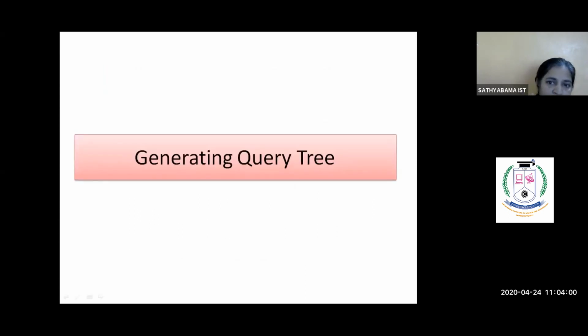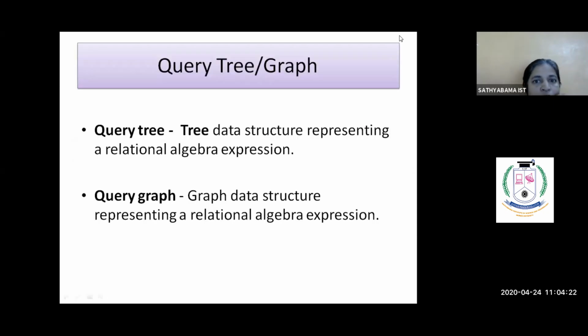Now we have seen how to translate SQL into a relational algebra expression. So the corresponding relational algebra expression would be obtained. Once you have the equivalent relational algebra expression, the next step is to generate a query tree. Let me see what a query tree or query graph is.